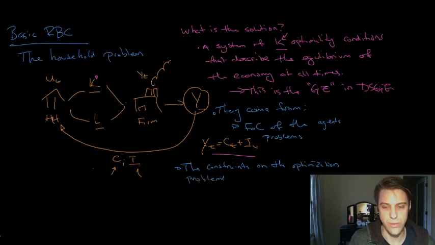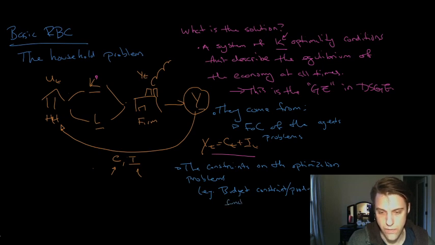So, for example, the budget constraint in the household's case, or the production function in the firm's case, right? The production function shows up.